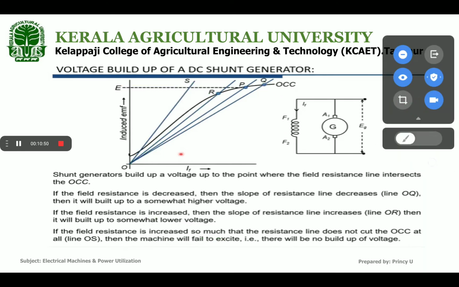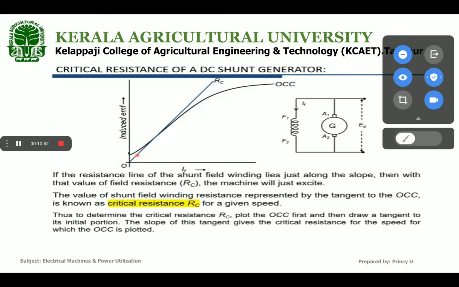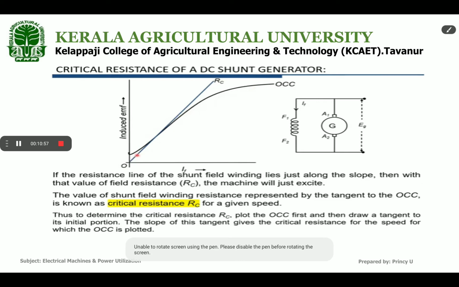Next, we are going to draw a tangent to our OCC curve. If the resistance line of the shunt field winding lies just along the slope, draw from the origin a line just touching the OCC curve.